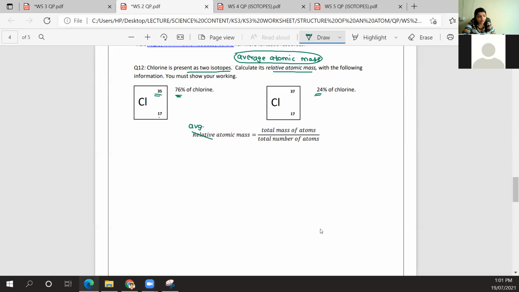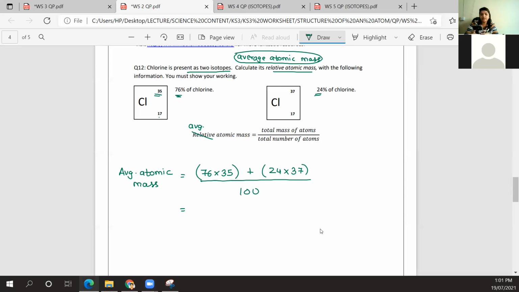So if I want to calculate the average atomic mass, the formula is 76 multiplied by 35, meaning percentage abundance of isotope 1 multiplied by atomic mass of isotope 1, plus 24 multiplied by 37, upon 100. What is 76 into 35?